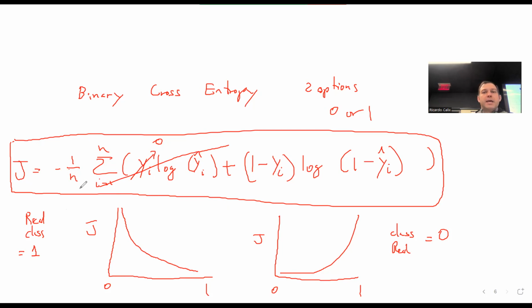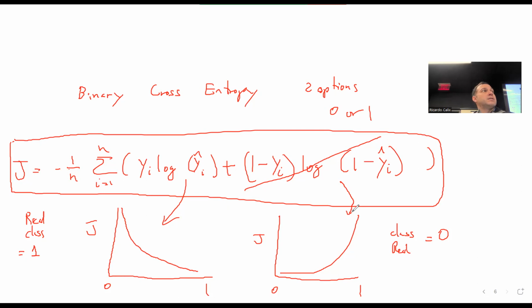And when the class is 1, which one do we keep? 1 minus 1, so this goes away, and we are only left with this one. So basically, this part is this, and this part is this.